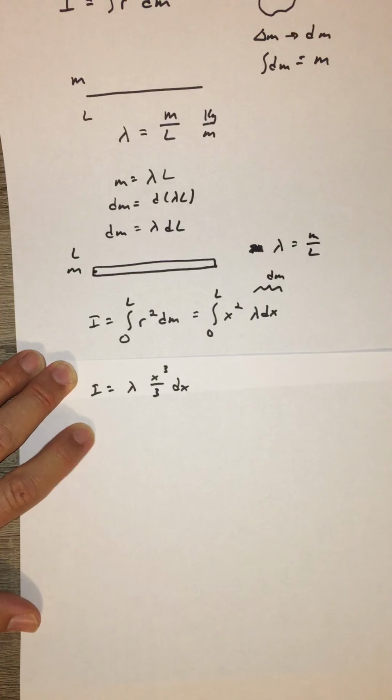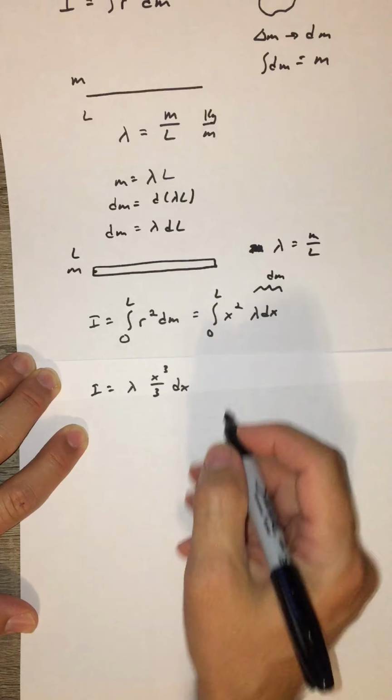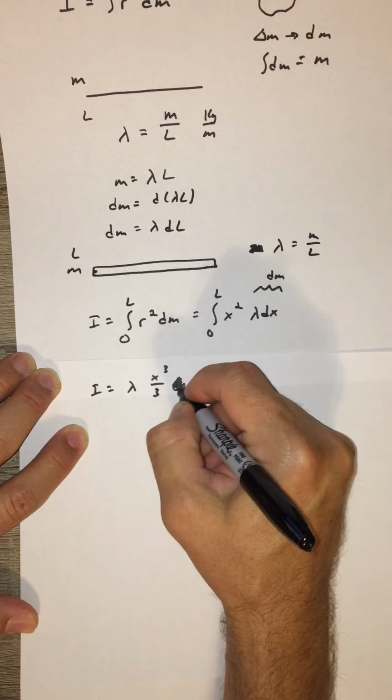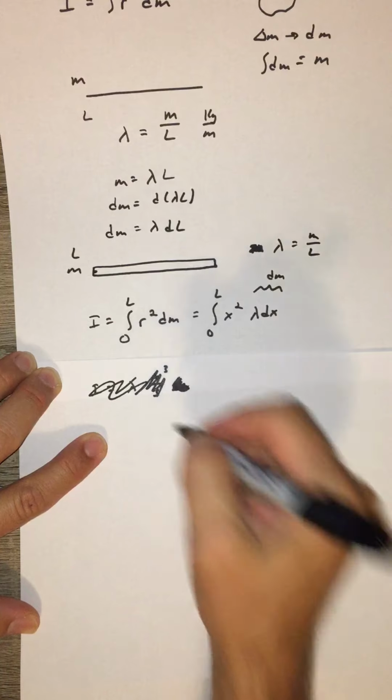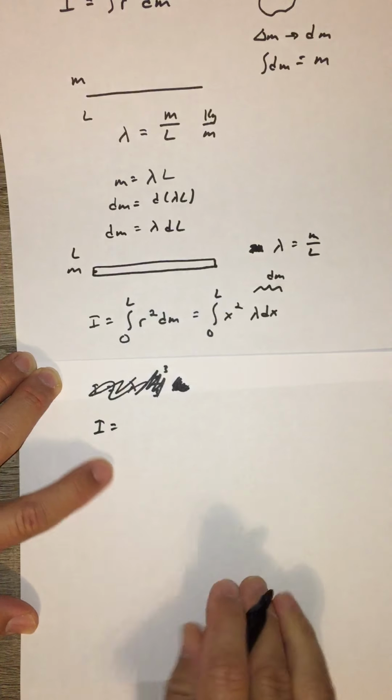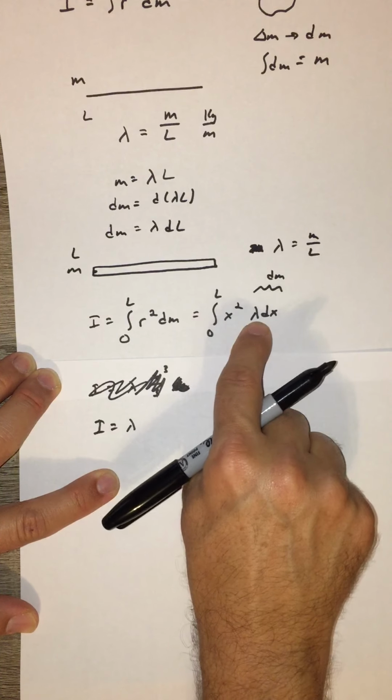Good grief, there's no dx anymore. Sorry. Let me do that again. The moment of inertia after I evaluate this is going to be lambda, which I pull out of the integral. It's a constant.